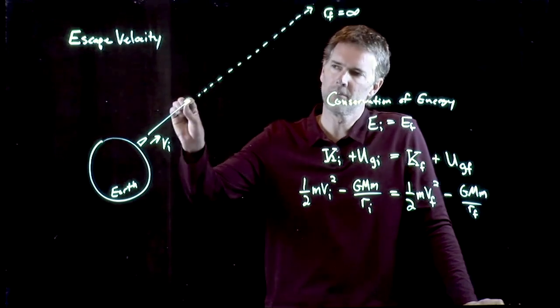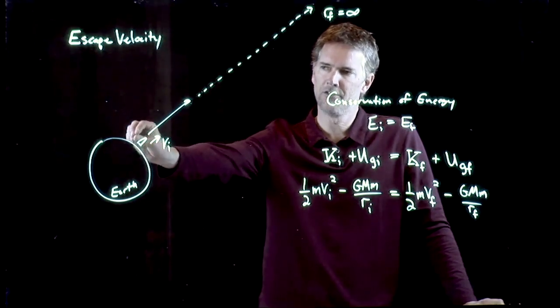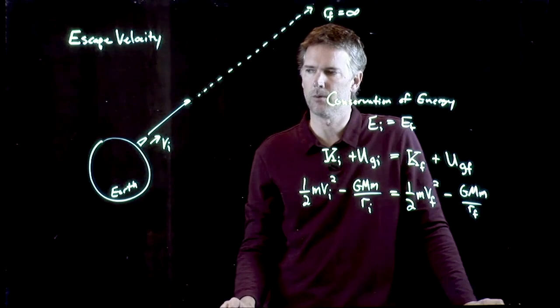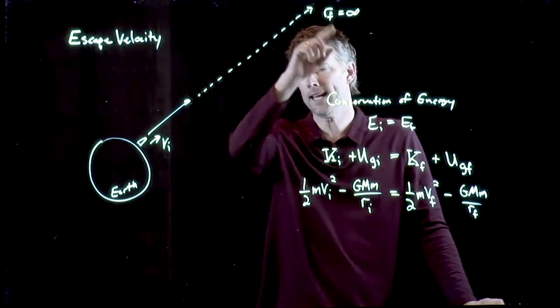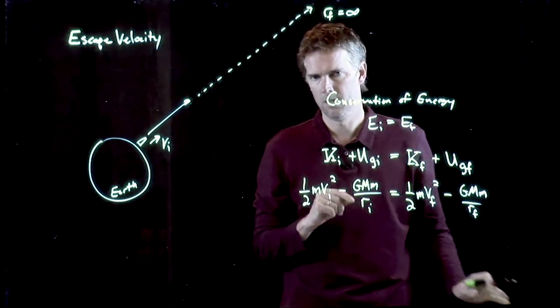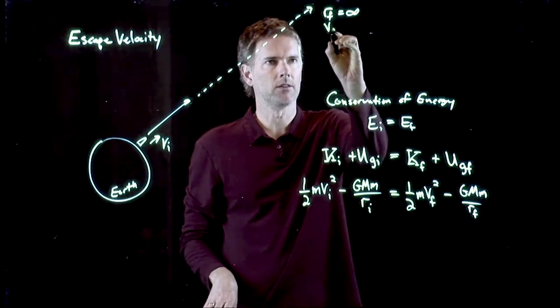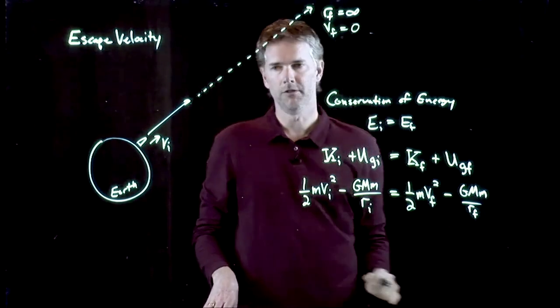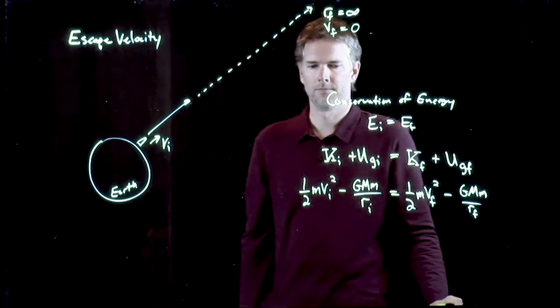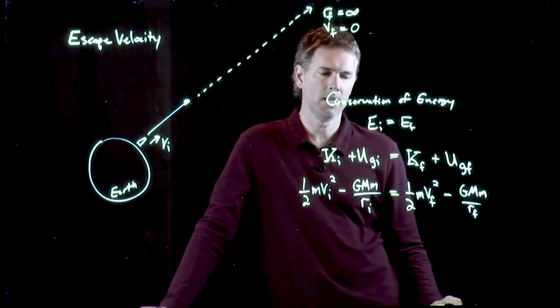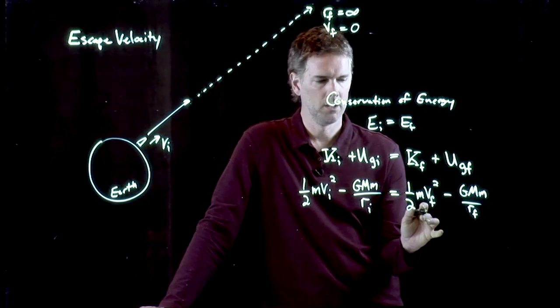And we're looking for the smallest amount of speed we have to launch this projectile with, which means we don't want any excess speed at the end. So V final is 0. Okay. And if that is the condition for this, look what happens.